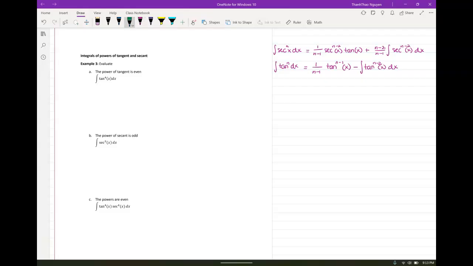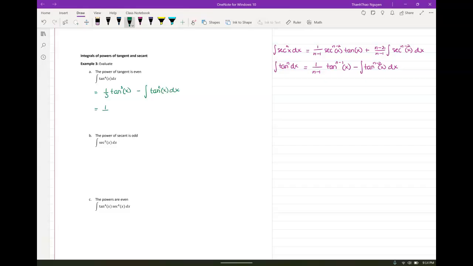I can apply that formula, the second formula, to this problem. So then I get 1/3 tangent to the third of x minus the integral of tangent squared of x dx.